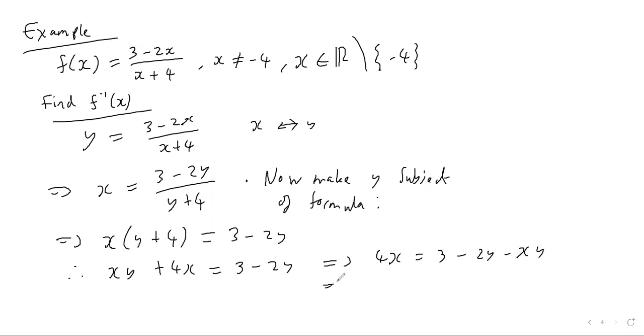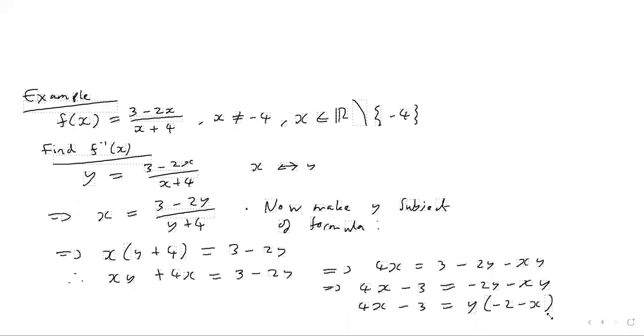Take away the 3 from both sides: 4x minus 3 equals minus 2y minus xy. If we factor out a y from the right-hand side, we get 4x minus 3 equals y times minus 2 minus x. We can now divide both sides by minus 2 minus x to get y as the subject.